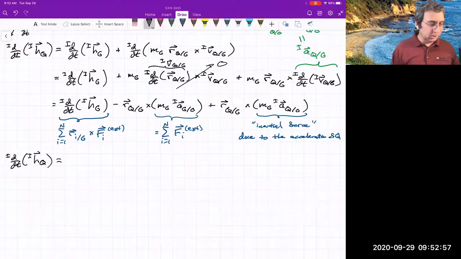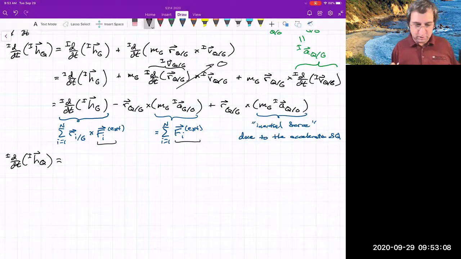So the total inertial derivative of the angular momentum of the system about Q equals, and you'll notice we've got this force sum over external forces.